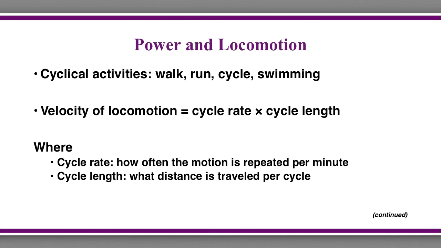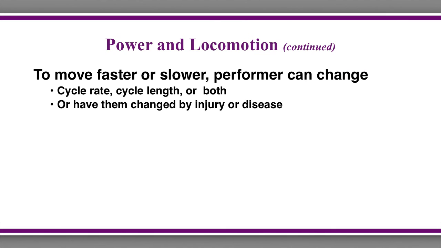So we often look at the velocity of locomotion, which is equal to the cycle rate times the cycle length, where cycle rate is how often the motion is repeated per minute, and the cycle length is what distance is traveled per cycle.